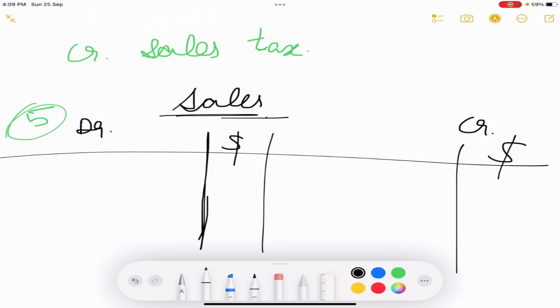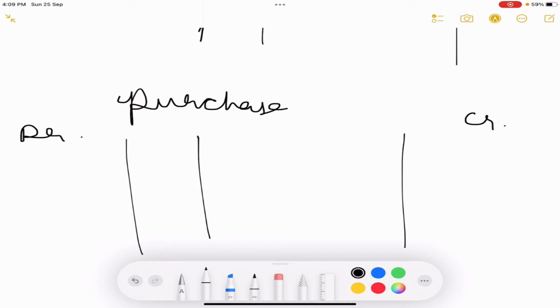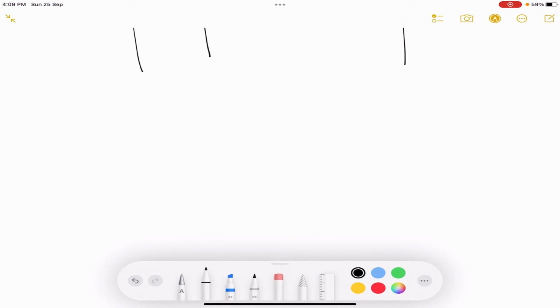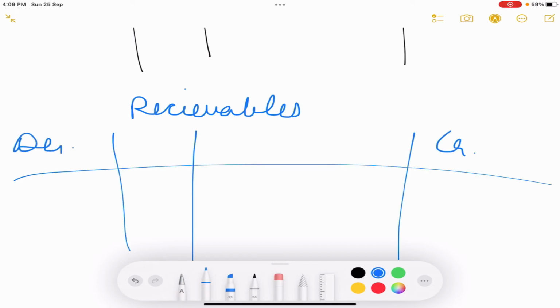Okay, and this is the sales. Let's also make a purchase account. Purchase account. This is the debit side and this is the credit side. We have this, right? And now we have the receivables account.